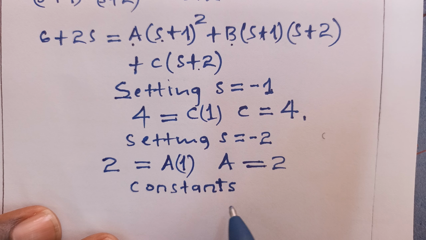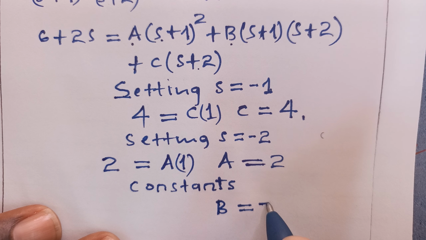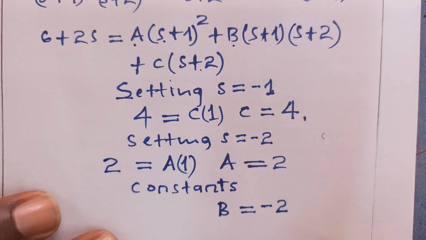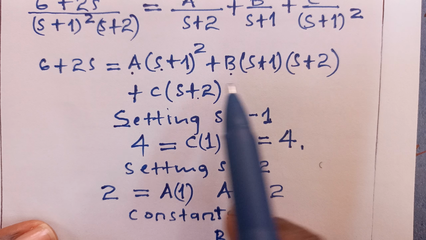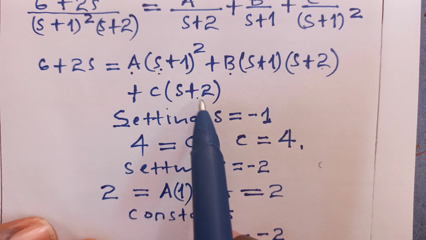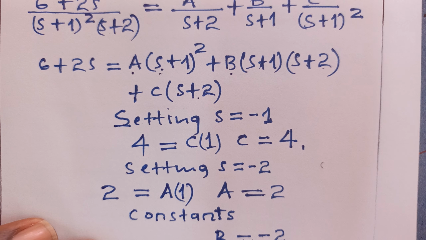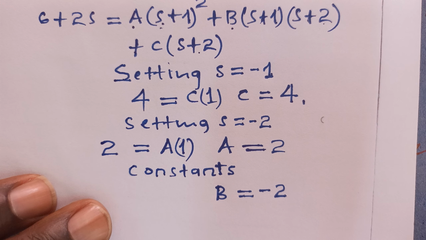This is actually going to be B equals -2. Guys, try manipulating the constant, or rather identifying the constant in each of these terms, and then equating, and see whether you shall get -2.